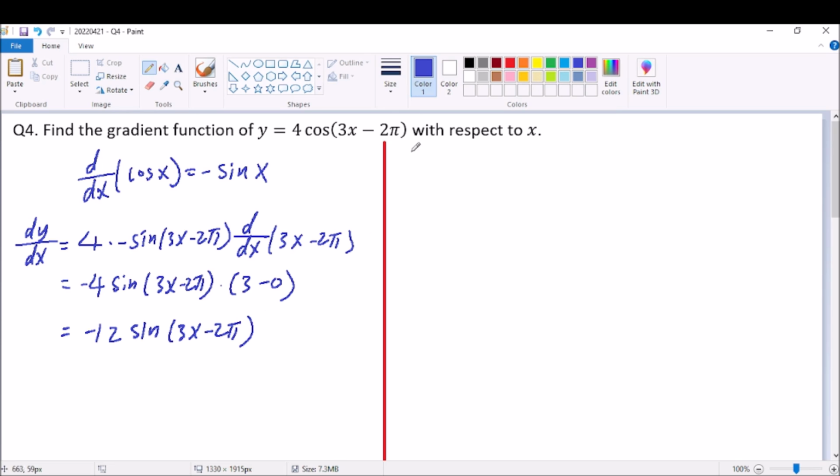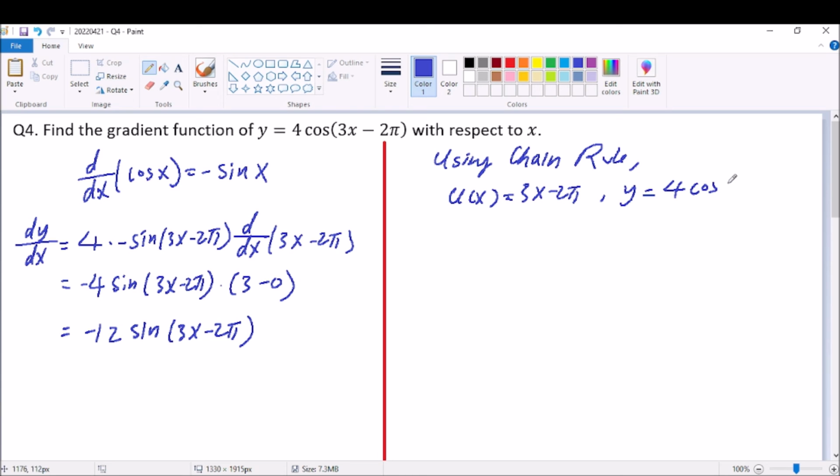Now I demonstrate solving these expressions using chain rule. I let u(x) equal 3x minus 2 pi, and so my y becomes 4 cosine u(x), where du over dx equals 3, since differentiate 3x is 3 and differentiate 2 pi is 0.